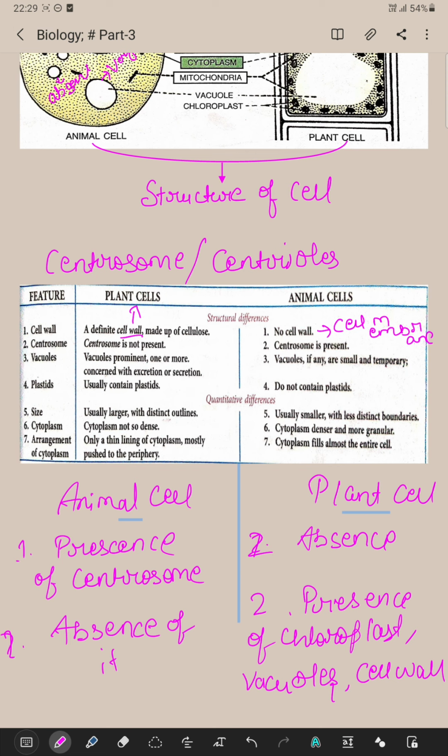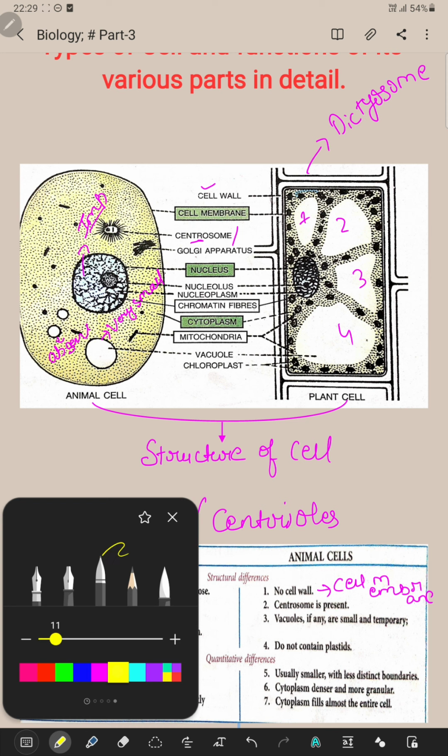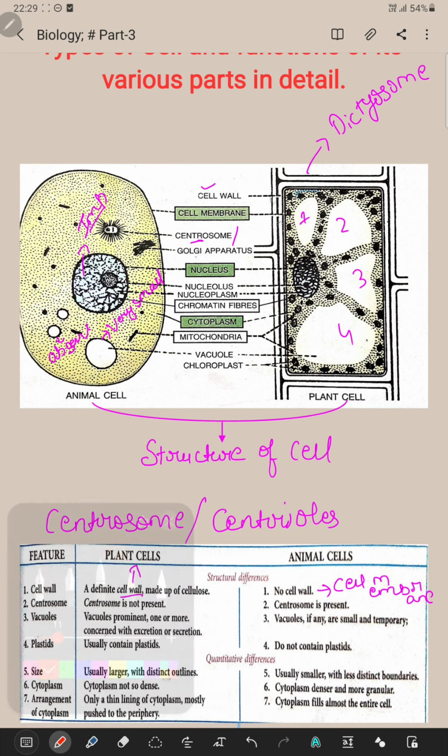Then vacuoles: prominent, one or more, concerned with excretion or secretions. So basically here it is giving us some brief knowledge in a detailed manner. Vacuoles are prominently present, as I have shown you in this figure, that there are 1, 2, 3, 4 vacuoles present, and they occupy 70%. Can you believe this? 70% of the plant cell is occupied by vacuoles.